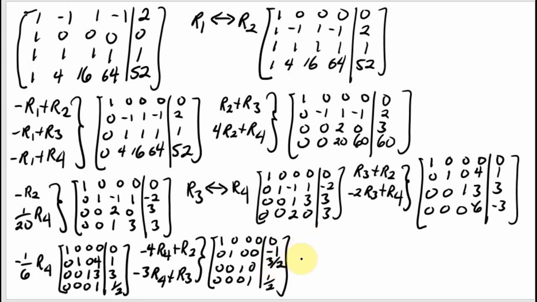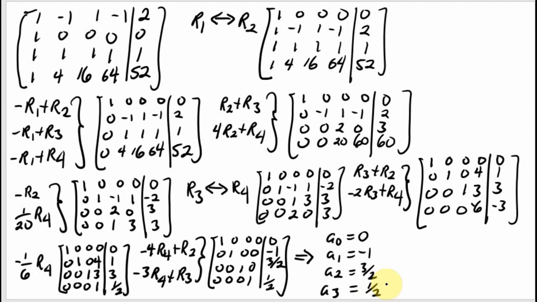So let's see what we have. This implies then that A0 is equal to 0, A sub 1 is equal to negative 1, A sub 2 is equal to 3/2, A sub 3 is equal to 1/2.